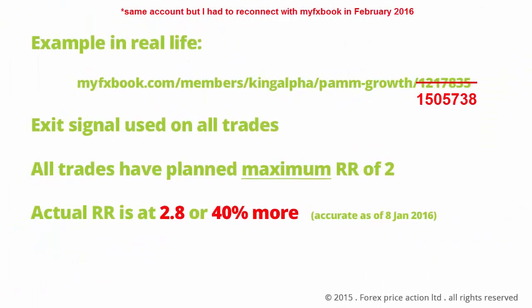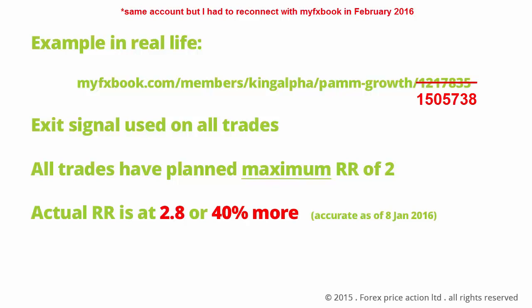I'm going to show you a real-life example of how cutting losses has improved my overall reward-risk ratio by a significant margin. Below this video is a link to an account that was under my management since June 2015. I can tell you that all the trades taken on this account have a maximum target of 2 times reward-risk ratio.